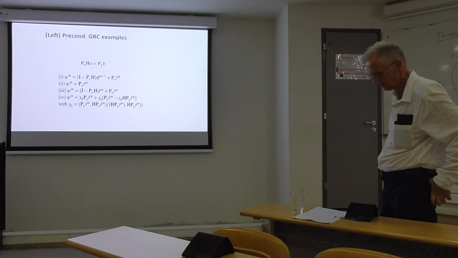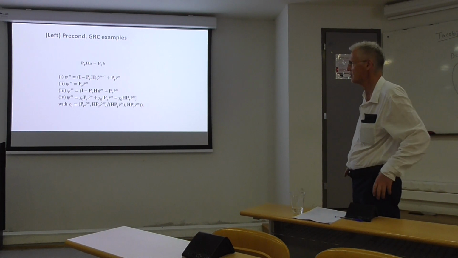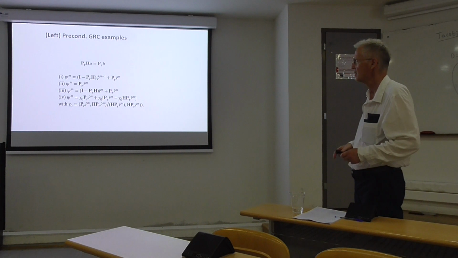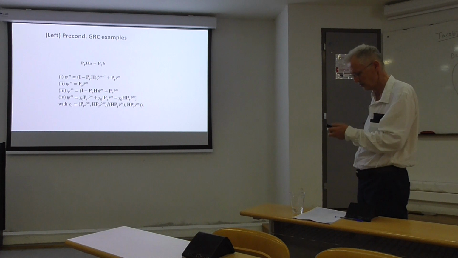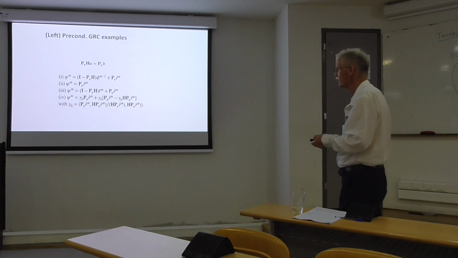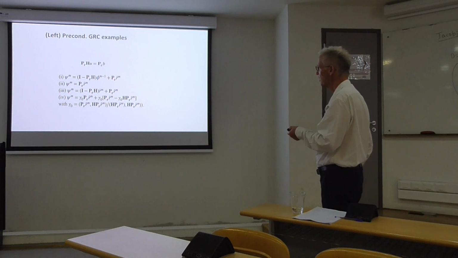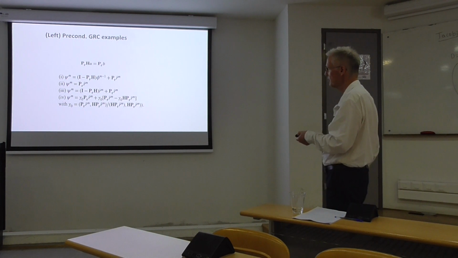So there are various choices for this inner loop approximation C, but we consider here a few simple ones, and then we also consider them in the context of the preconditioned linear system. This is the preconditioned system.